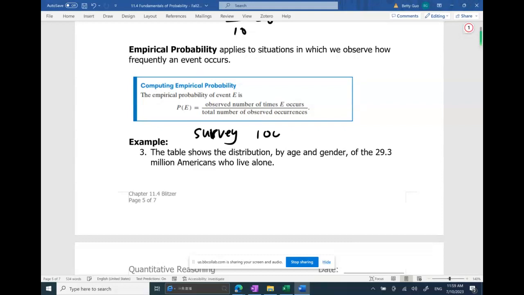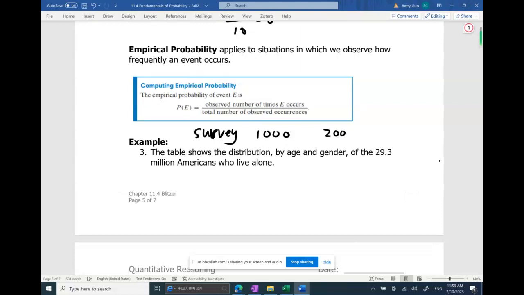So you are going to survey 1,000 people, randomly select 1,000 participants or subjects, and among the 1,000 people you survey, you ask the question: are you a smoker or are you not a smoker?